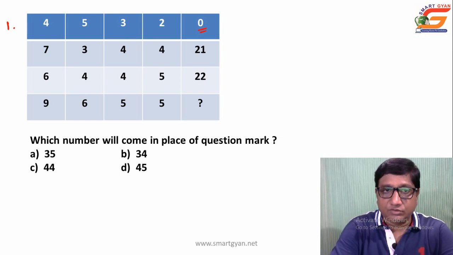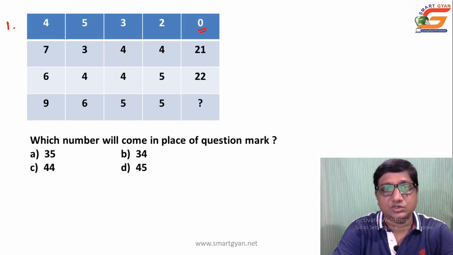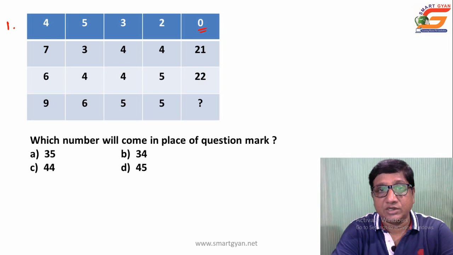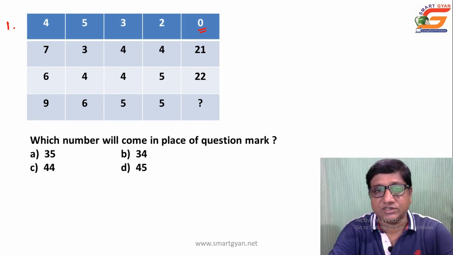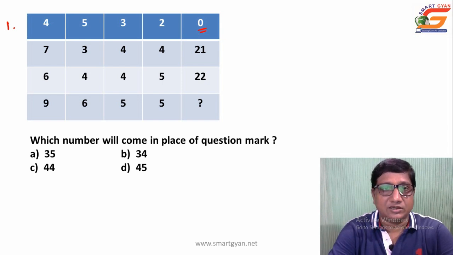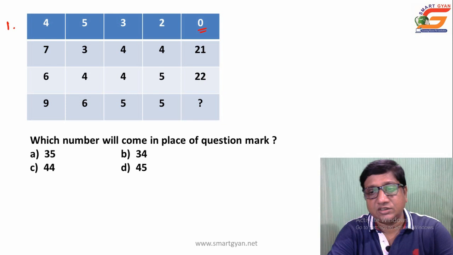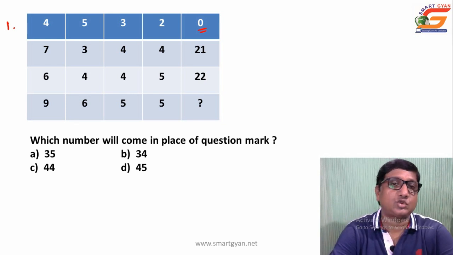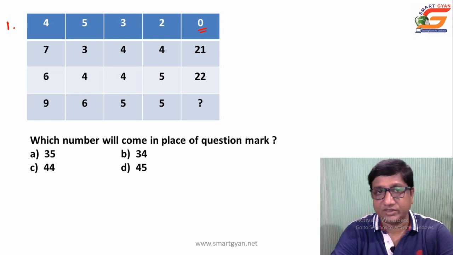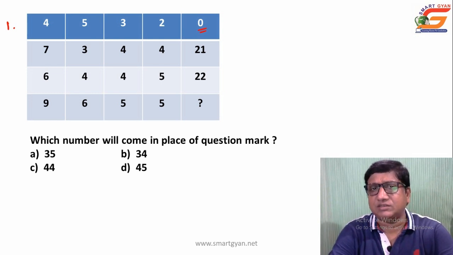If this is not possible, then take the first two minus the second two. Not possible. There may be basic operations: addition, subtraction, multiplication, division, squaring, cubing, or sometimes even square root and cube root. Yes, these are the different basic operations.